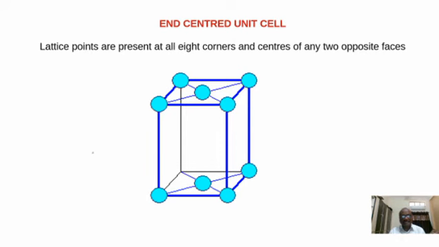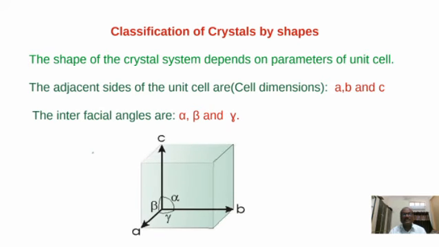These are the types of unit cells classified based on the position of lattice points. Next, we discuss the classification of crystals by shapes. The shape of any unit cell depends on 2 types of parameters.